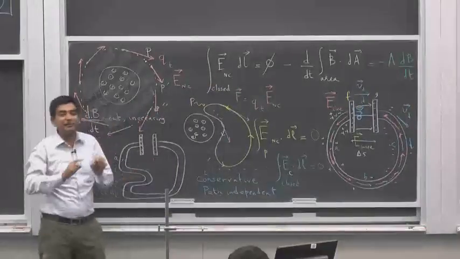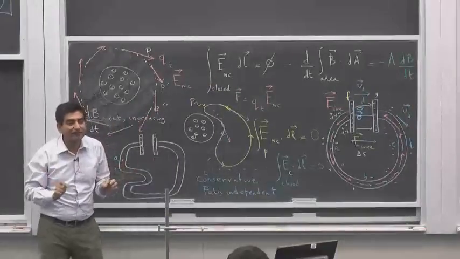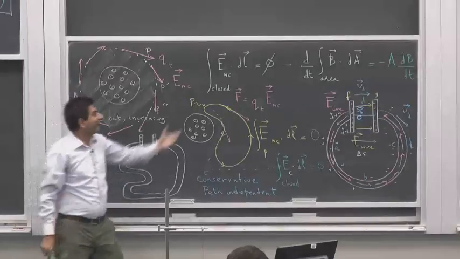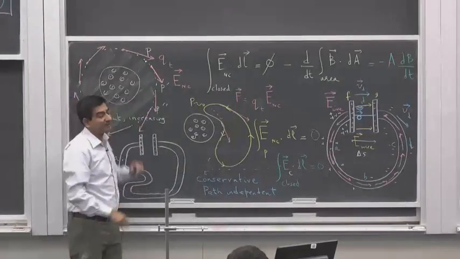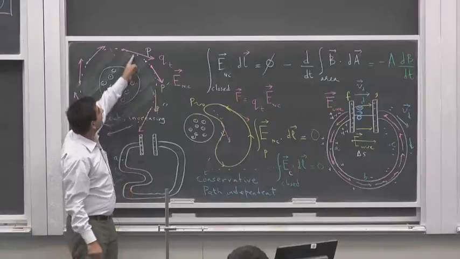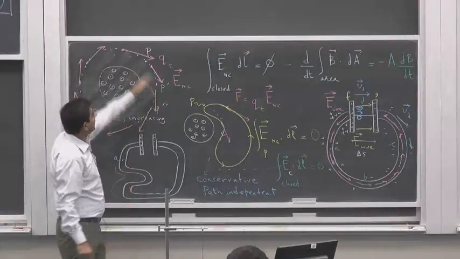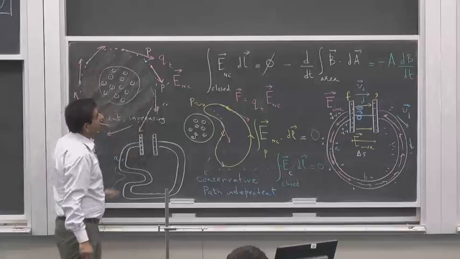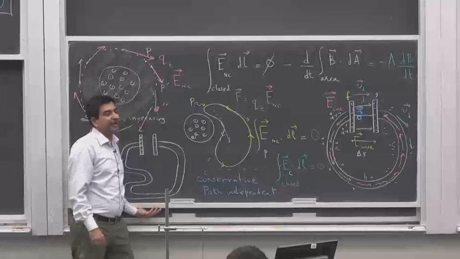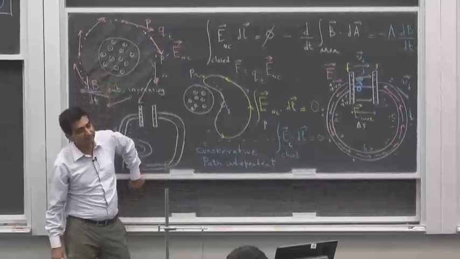But this EMF is not arising out of a separation of charges as happens in a battery. It happens because of a changing magnetic field, and it's a non-conservative electric field. So even though this is not coming out of any battery or any charges, this has dimensions of voltage or EMF, and it's called the induced EMF.